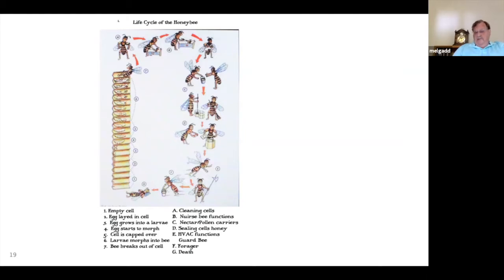They become guard bees as one of the last things they do in the hive. Each queen in every hive will spray a pheromone very specific to her across all the bees in the hive, and that identifies them as belonging to her family.